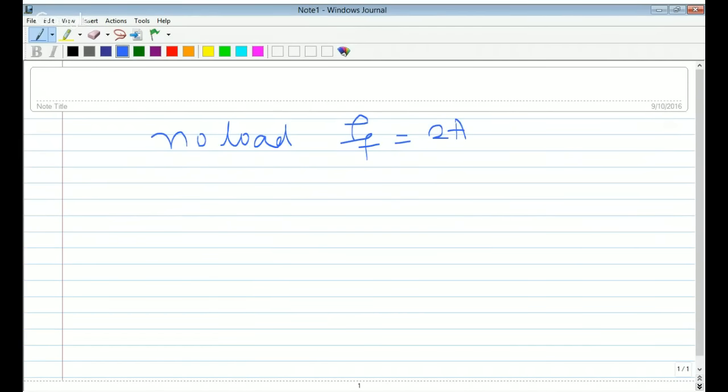So at 2 ampere, that means EF is equal to rated voltage. Rated voltage is how much? 440 volt, that is 440 by root 3, considering the star.